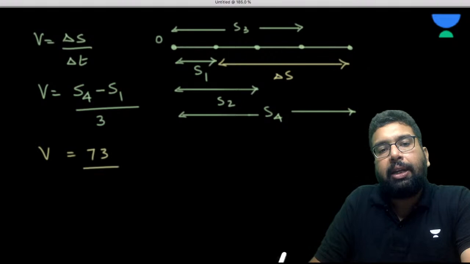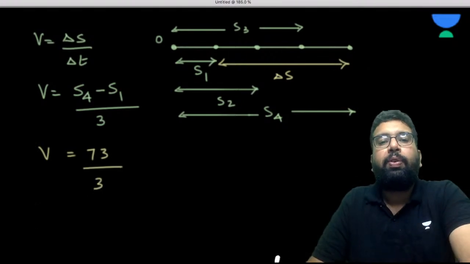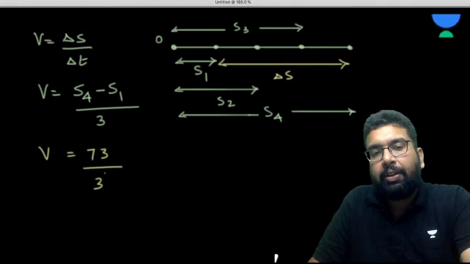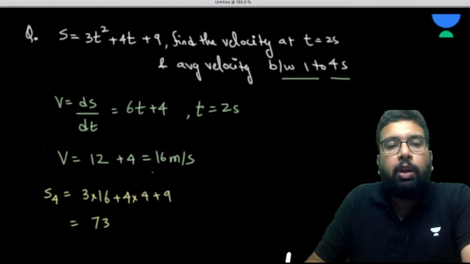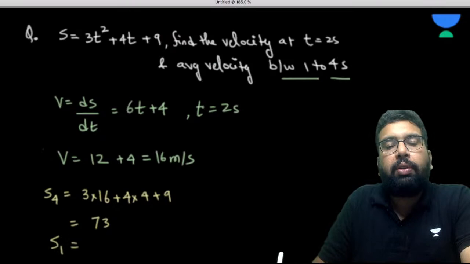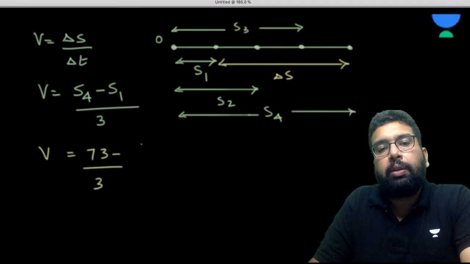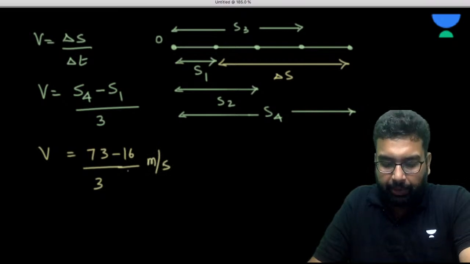And the time difference between 1 and 4 is 3 seconds. S1 is also there. For S1 we put t is equal to 1: 3 plus 4 plus 9, which is 16. So it is 73 minus 16 by 3, in meter per second.